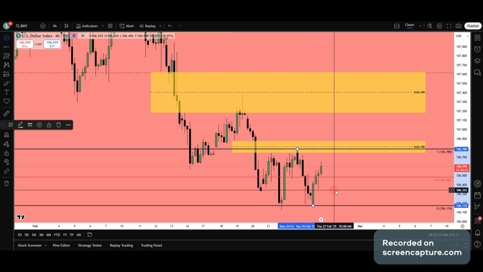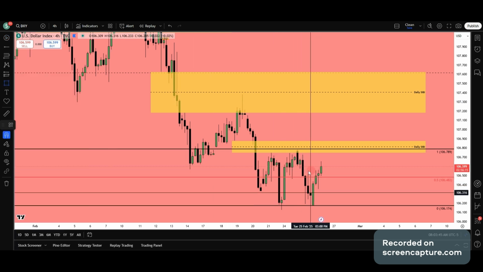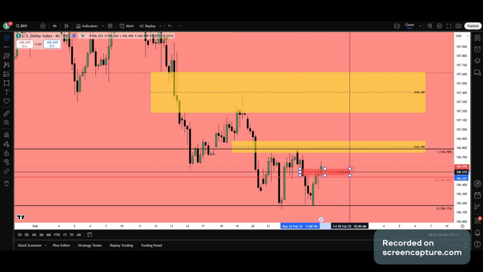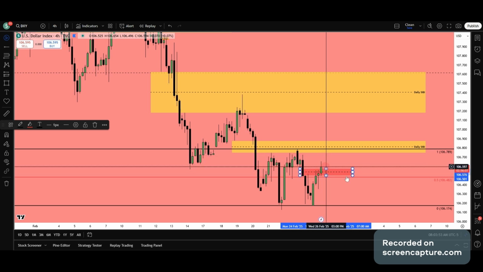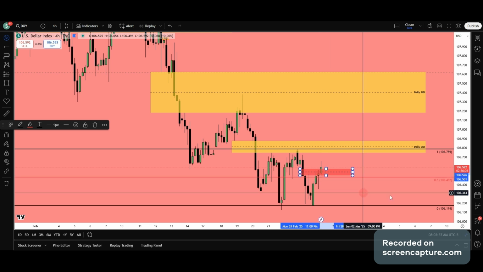On the 4-hour time frame, we're inside of a sell side imbalance, buy side inefficiency right here. And we've priced up through there. Now this candle closes in about 3 hours.